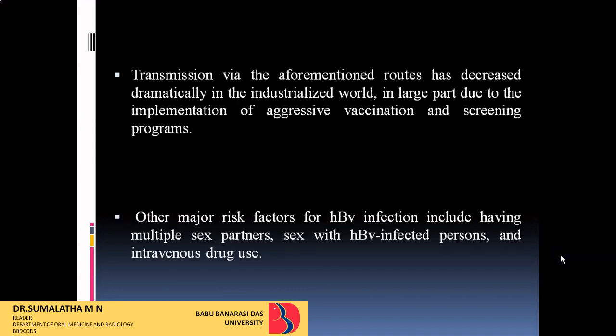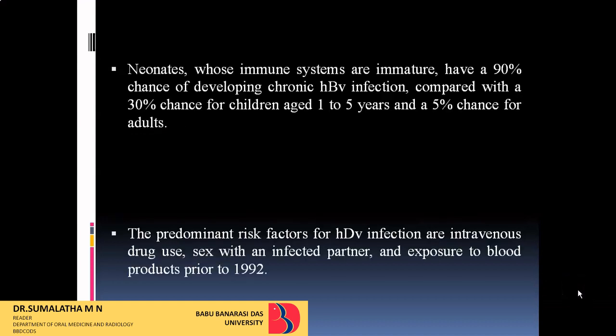Transmission via the above mentioned routes has been reduced dramatically in the industrialized world in large part due to the implementation of aggressive vaccination and screening programs. The other major risk factors for hepatitis B infection include multiple sex partners, sex with an HBV infected person and intravenous drug use.